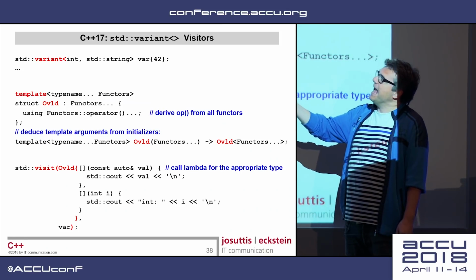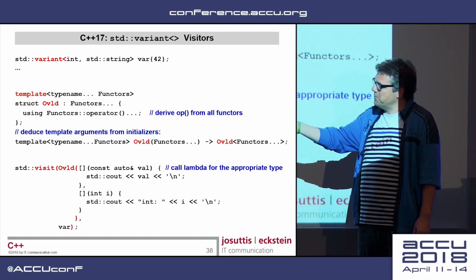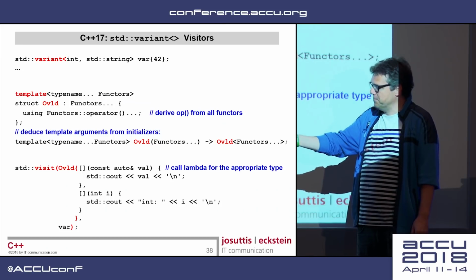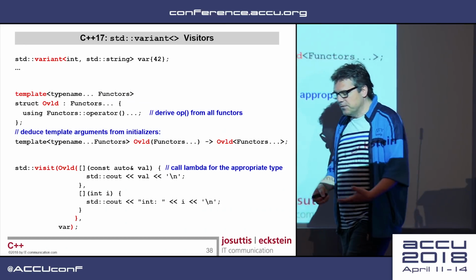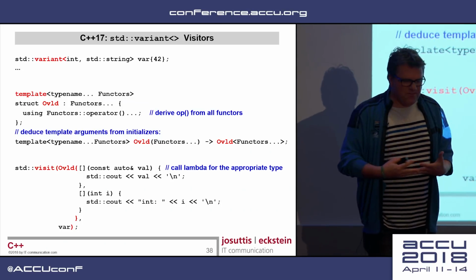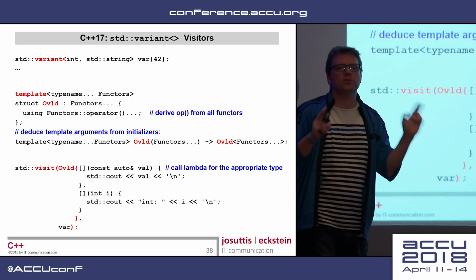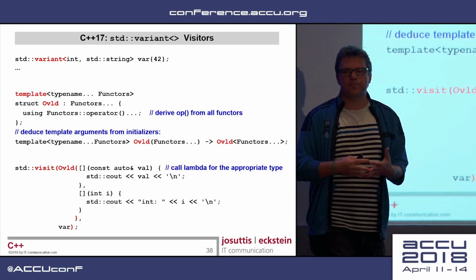So as you derive from both base classes, from a base class defining this lambda and a base class defining the function object for this lambda, you have two implementations of the function call operator in the base class.